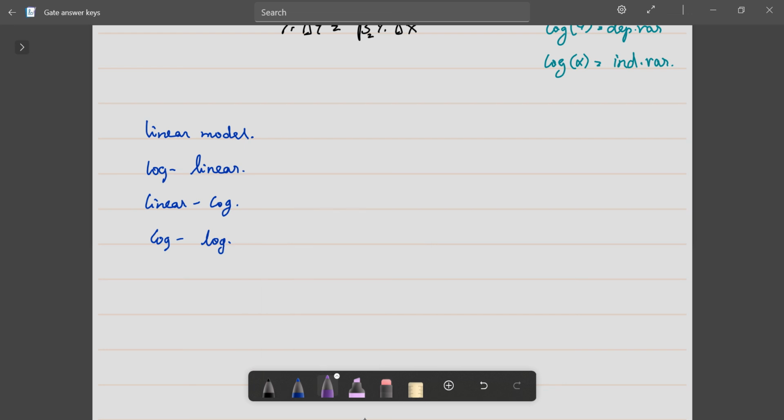I will write the interpretation of the slope coefficient, that is beta 2, in the examples which we have seen.